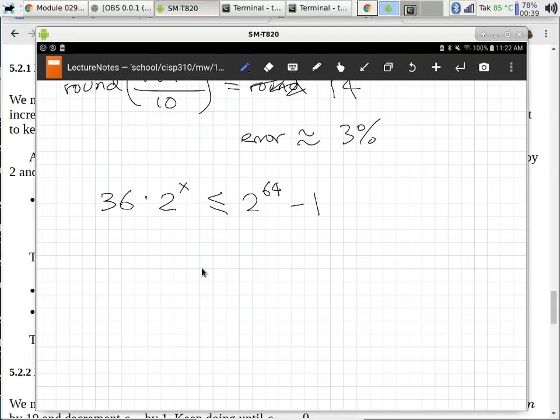Because, how do we do this? If you keep doubling a number until it is greater than 2 to the power of 64 minus 1, that condition will never be satisfied. Because 2 to the power of 64 minus 1 is, in fact, the very largest value you can represent using a 64-bit unsigned number.